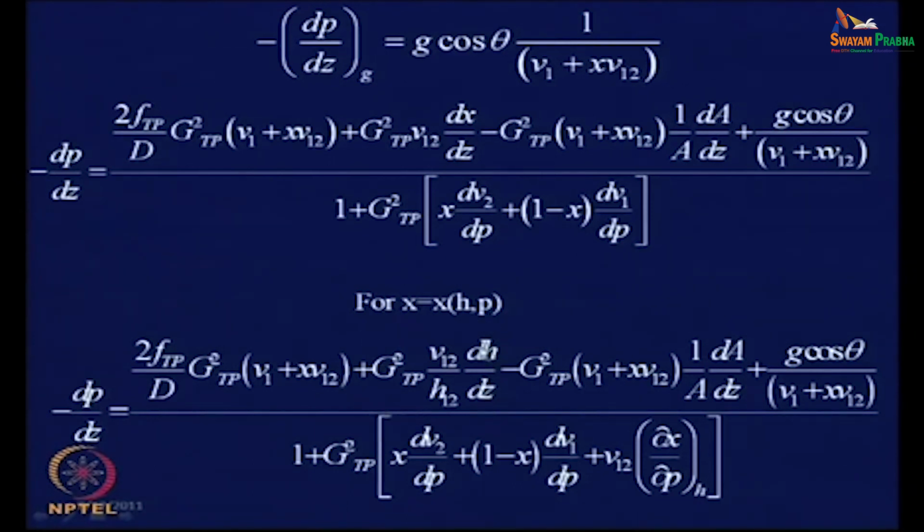And more importantly, if you observe the denominator, you find that instead of considering only the specific volume changes with pressure, we are also considering how quality changes with pressure. So, the expression in this particular case becomes much more involved.